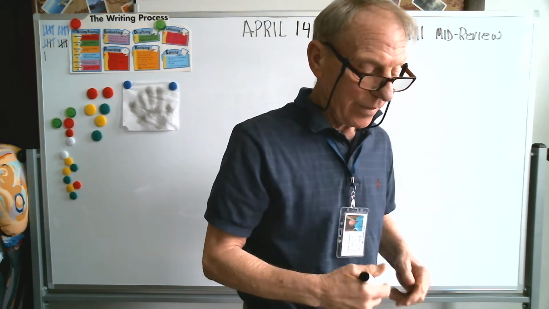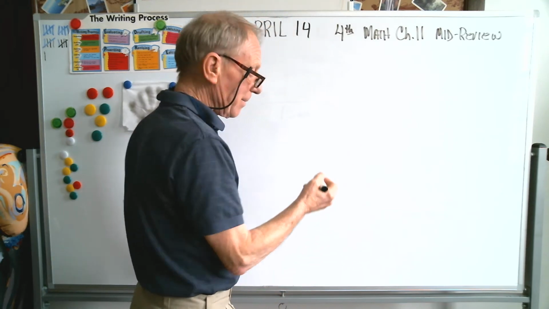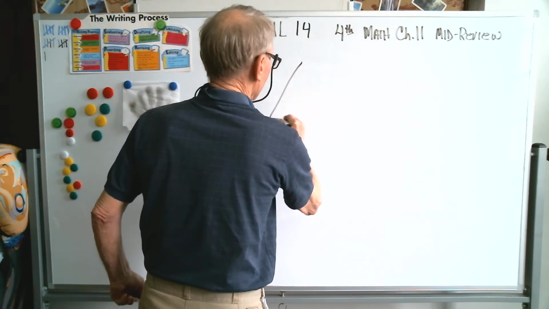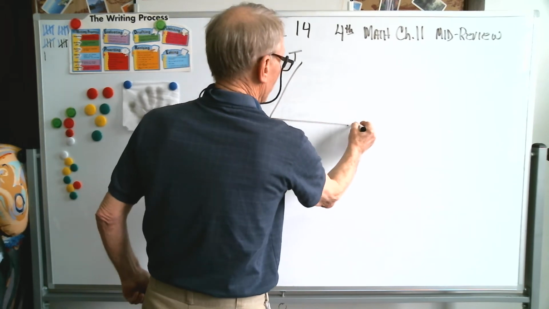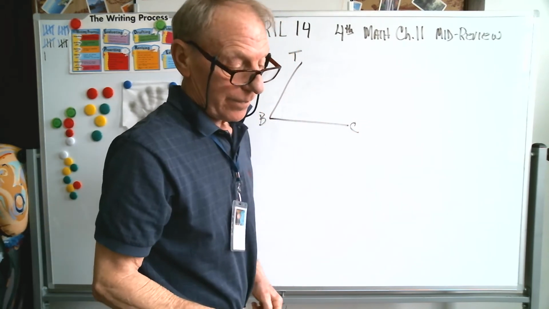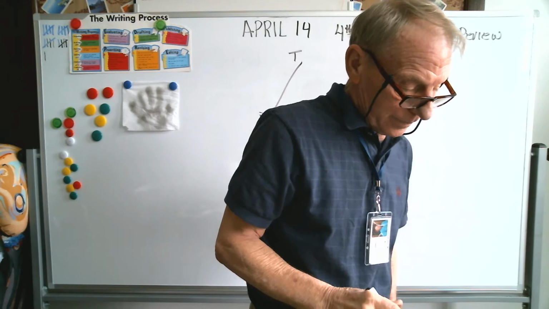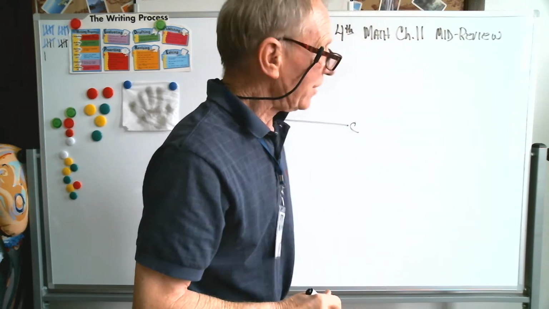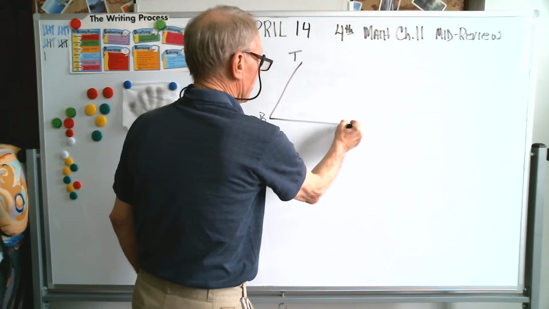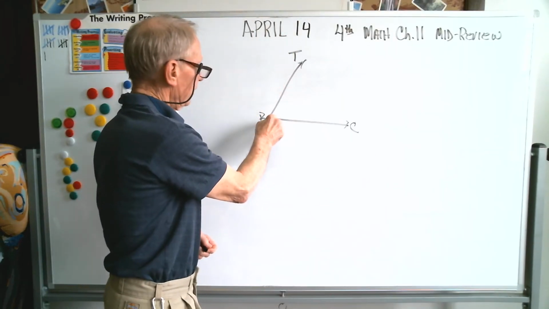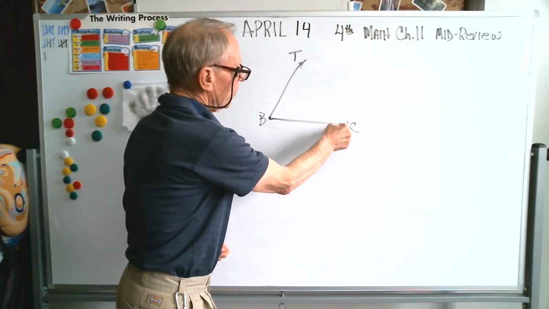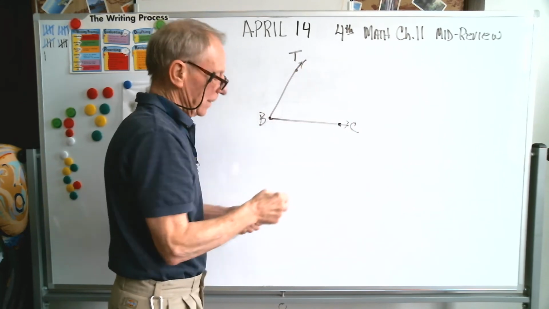Number 14, we've got an angle there, TBC. And it's asking you to put a protractor on that to determine what that angle is.